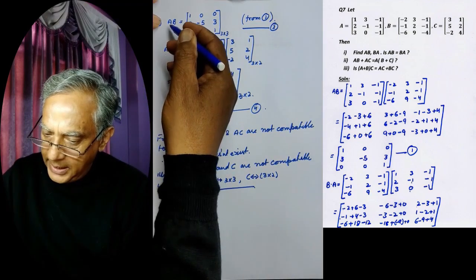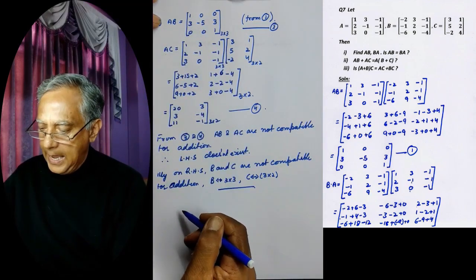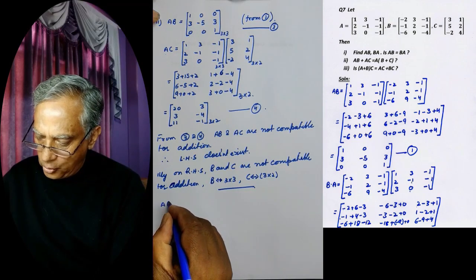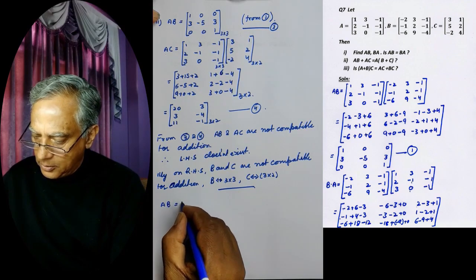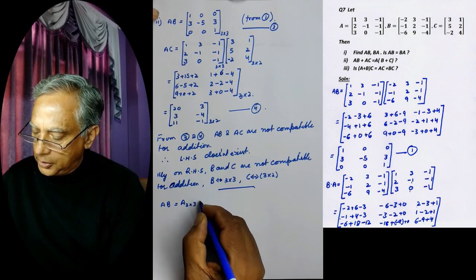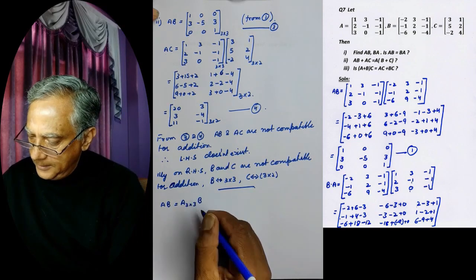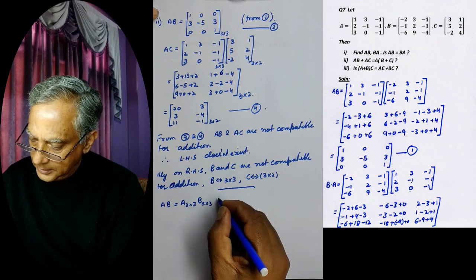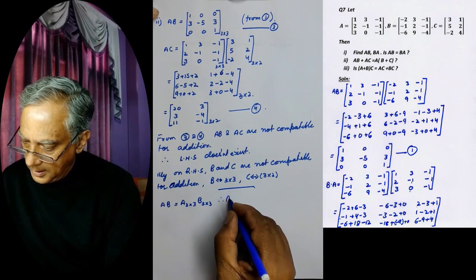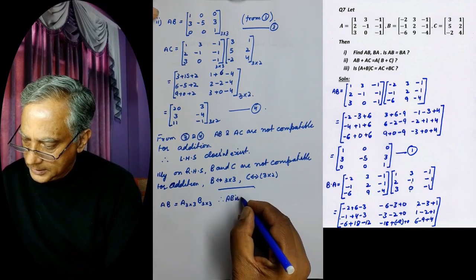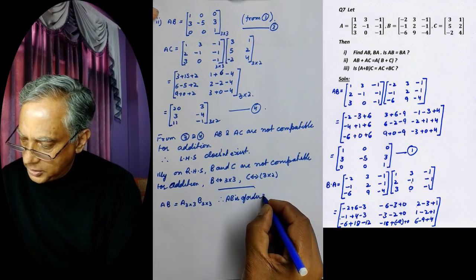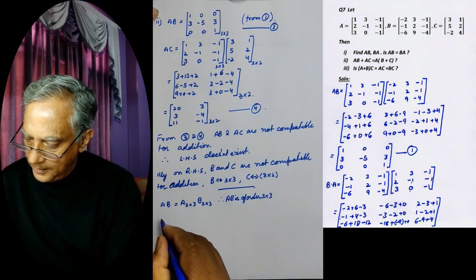We can also deal with this question as follows. Now A into B: A is 3 cross 3 and B is 3 cross 3. Therefore, AB is of order 3 cross 3.